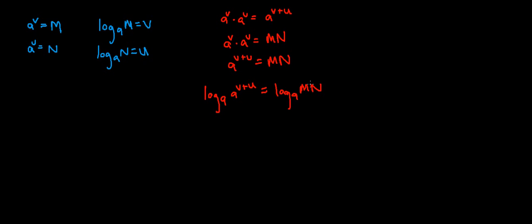Now, as we discussed earlier about the basic properties of logarithms, taking the log base a of a base a is taking the inverse of a function, and it's just going to leave us the x. So log base a of a raised to the v plus u is equal to just v plus u. And this is equal to log base a of m times n.